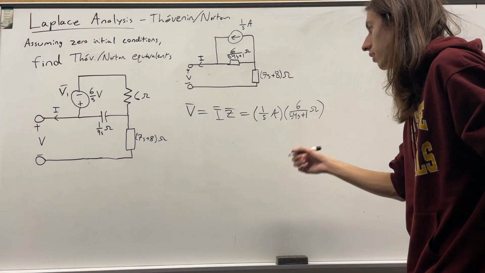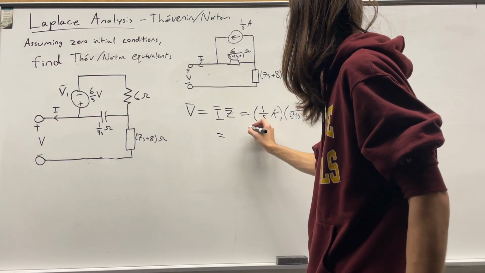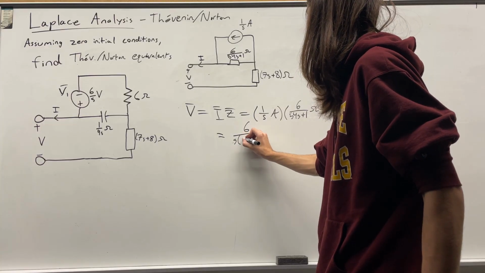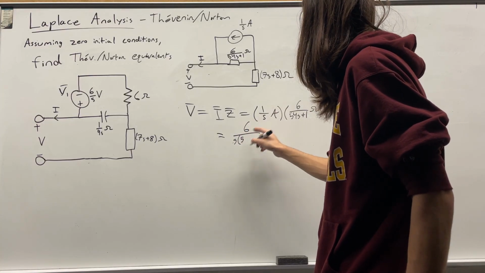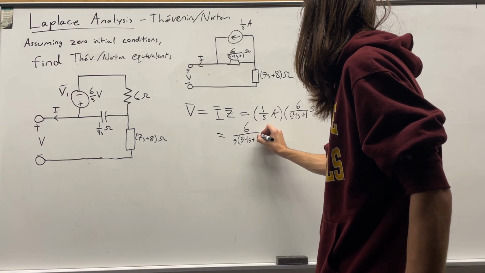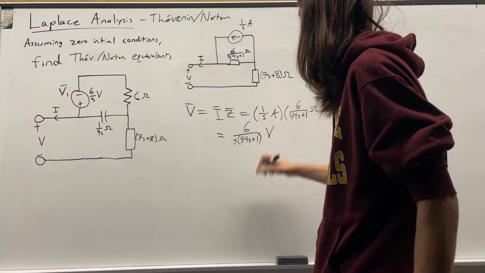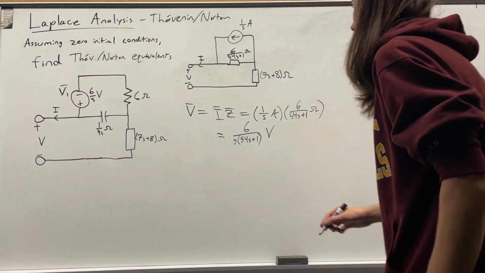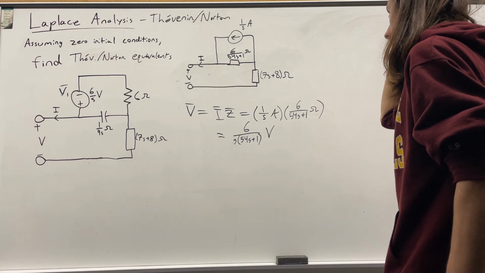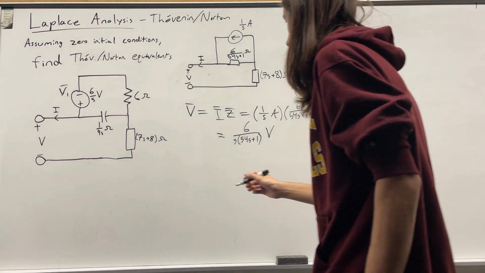So the resulting value of the voltage is just going to be 6 over S times 54S plus 1 volts. Okay, so now I'll redraw with the two impedances in series with the voltage source.